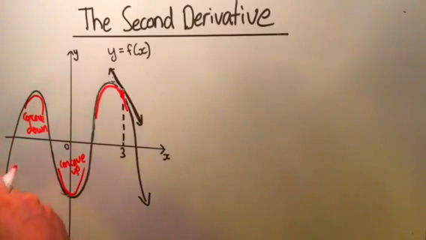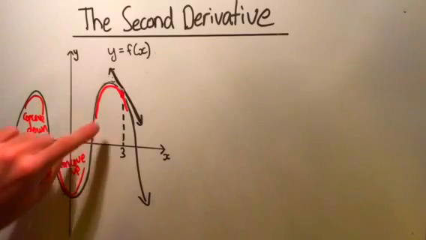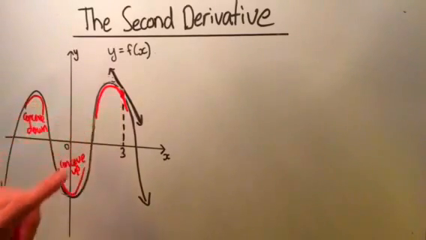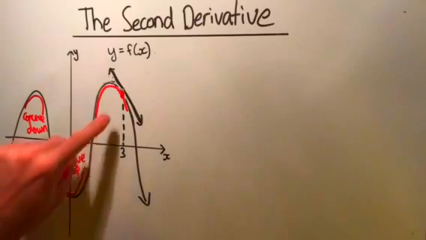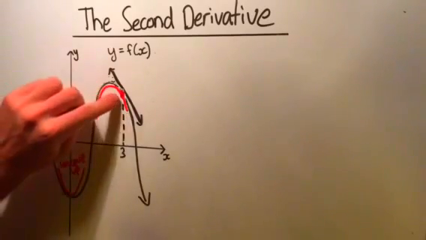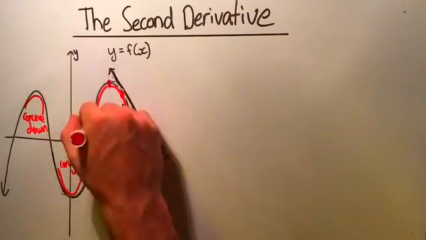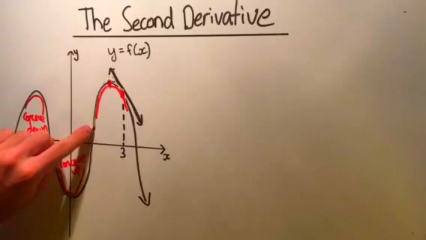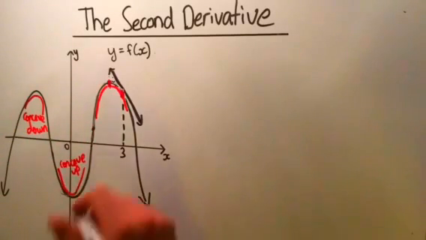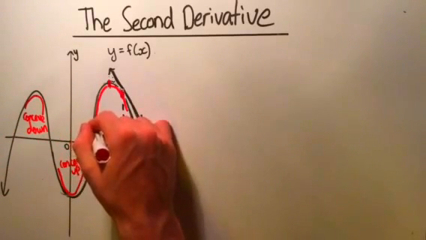So it's talking about how much the curve is bending. Now at this particular point, if I want to find the second derivative, I am finding how much the curve is bending at that point. What about at a point there? It might look like it's bending a lot, but it's not much at all.